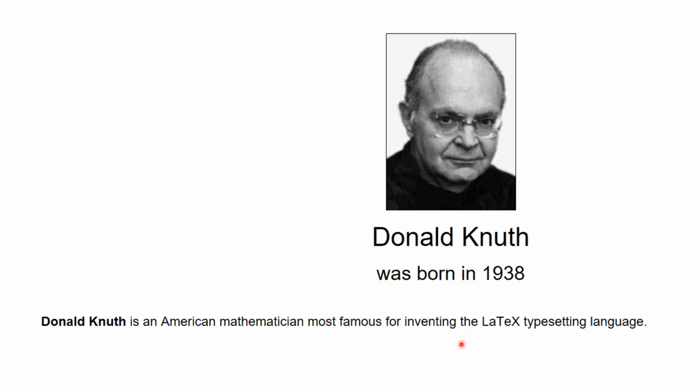Now, we're going to talk a little bit about this guy. He is a genius of the first order, and I'll say more about him. Here in the Math Encyclopedia, they say he's an American mathematician. Other people would say he's a computer scientist. I think he's actually a professor of computer science now, who's most famous for inventing a typesetting language.